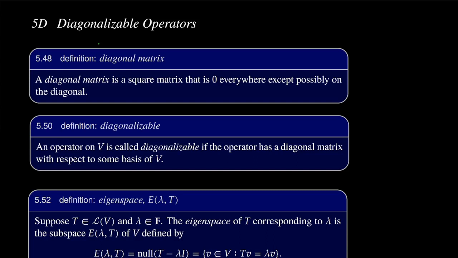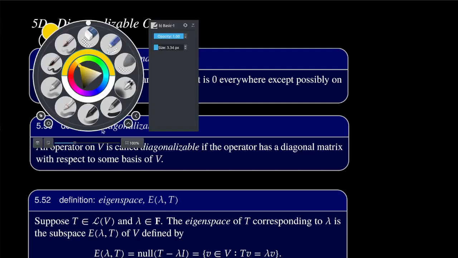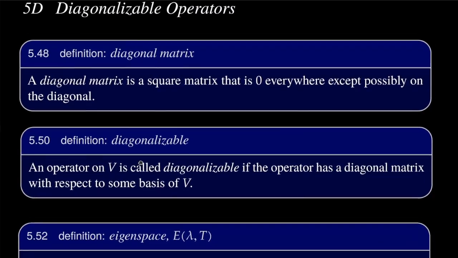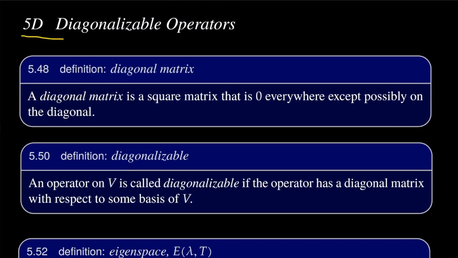Last time we talked about upper triangularity and what this means for us. Now we're going to talk about perhaps the nicest kind of upper triangularity that could possibly occur, and that is diagonality. So section 5D, diagonal operators. A diagonal matrix is just an extremely nice square matrix.